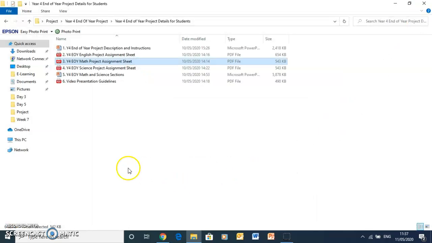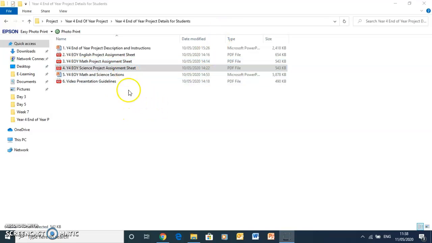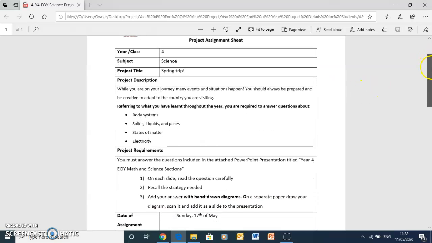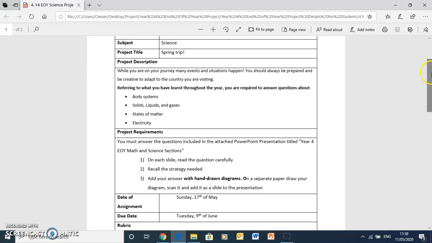To have an overview of what's expected of you in the science section, let's look at the science project assignment sheet. You are still on the same trip, which is the spring trip.